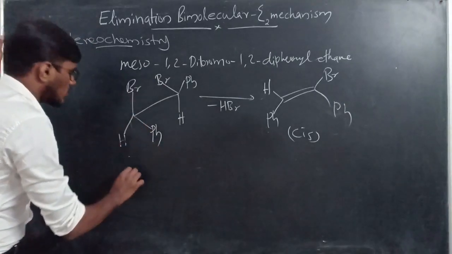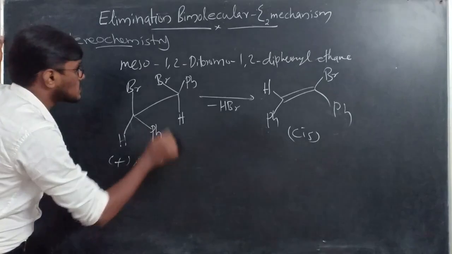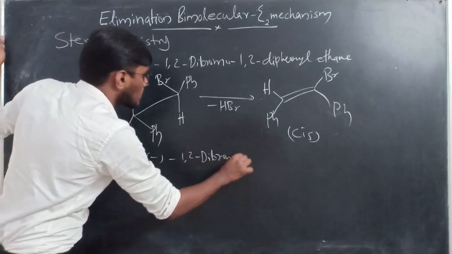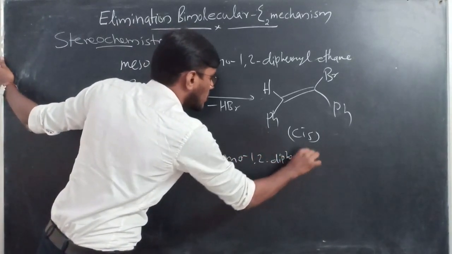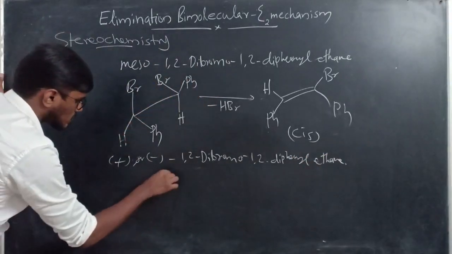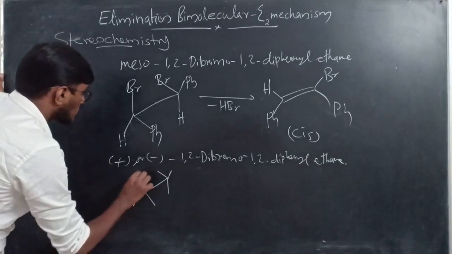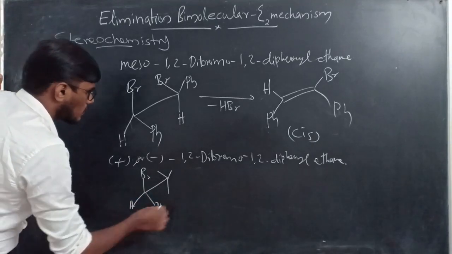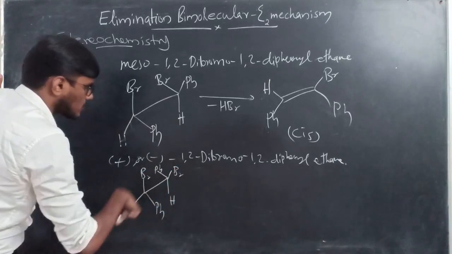Similarly, we are checking the plus or minus 1,2-dibromo 1,2-diphenyl ethane. The Fischer projection will be like this: Br, H, Ph, and H, Br, Ph.